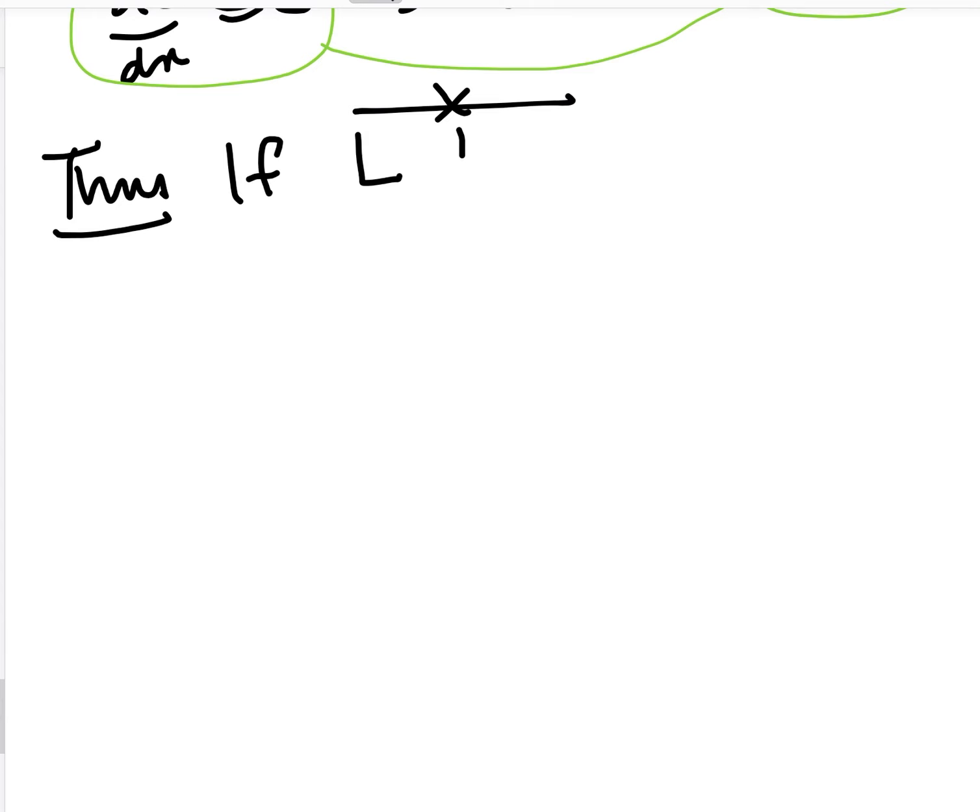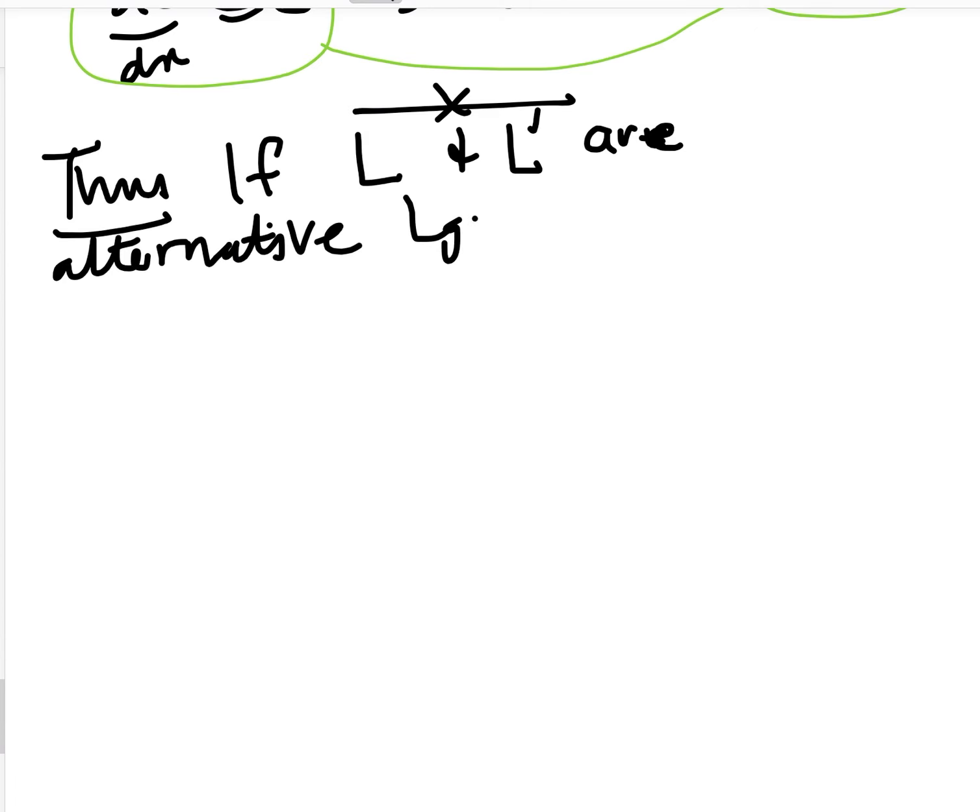Suppose L and L1, or L dash, are two Lagrangians, non-trivial, not equivalent, alternative Lagrangians for the same differential equation, and this time I'm going to write the differential equation as y double dash equals E of x, y, y dash.